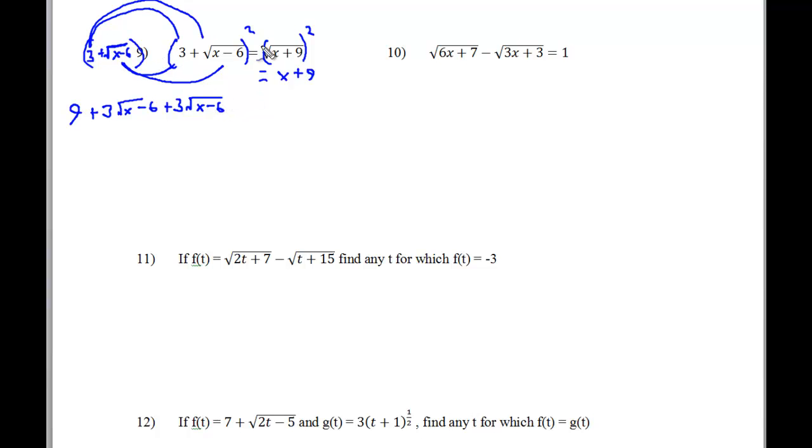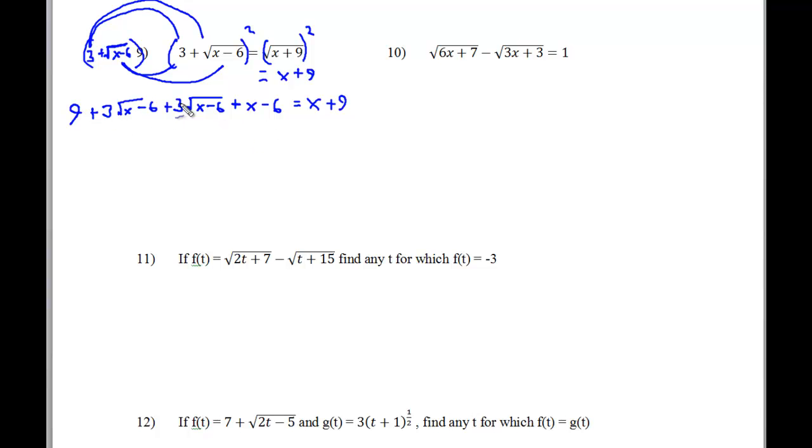Since we're multiplying this to the 1/2 power times this to the 1/2 power, it's going to raise it to the first power. So the square root of x minus 6 times the square root of x minus 6 will become just x minus 6. And this is equal to the x plus 9 on the other side.